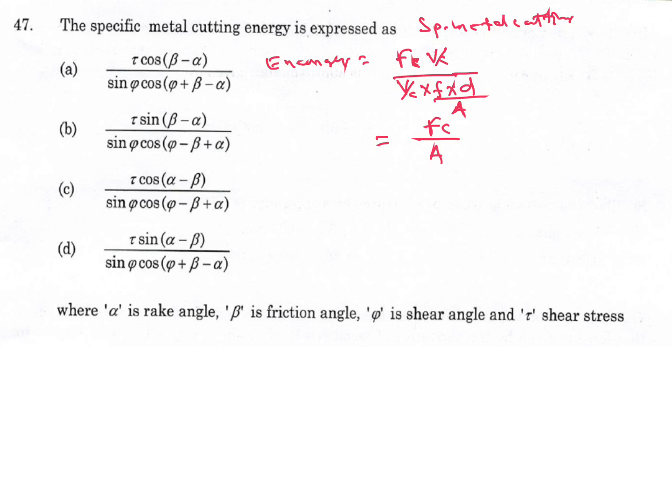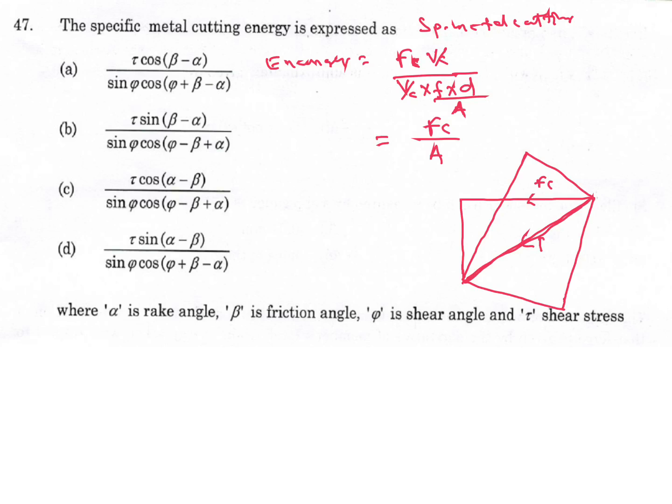If you follow the Merchant circle, only a small portion I am doing, not the complete portion. So here this is FC, then your R resultant, then thrust force.